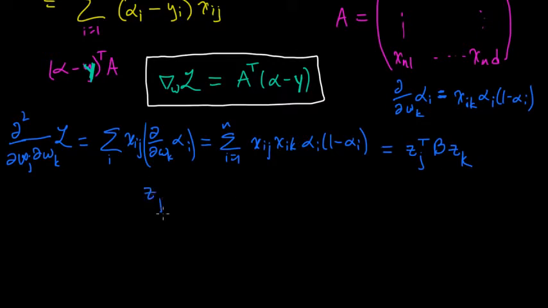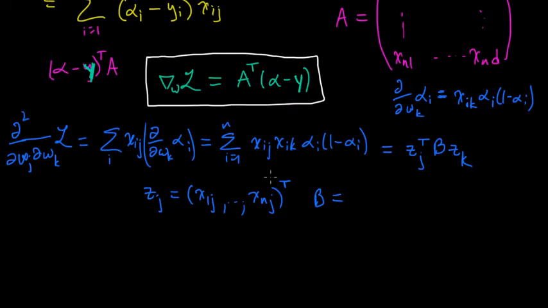And here, what's zj? Zj is going to be the x's, x1j up to xnj. And similarly, zk will be the same thing, but with k instead of j, transposed. And this B matrix is a diagonal matrix.